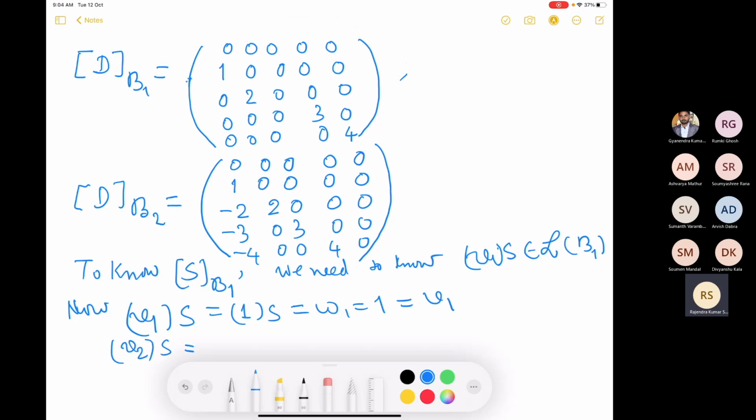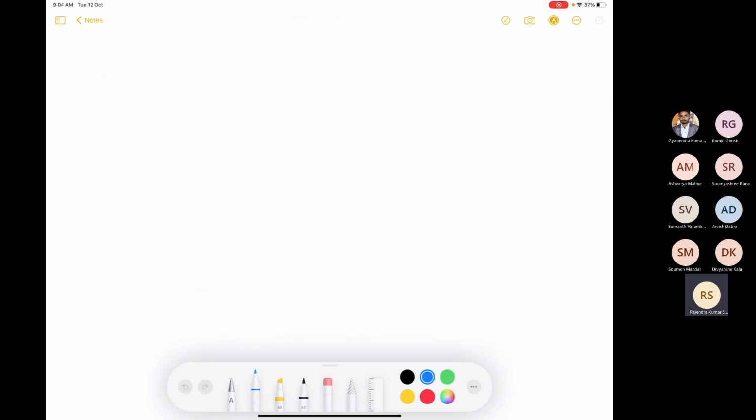V2S is W2. W2 is equal to 1 plus x, so this is V1 plus V2. Then V3S is W3.